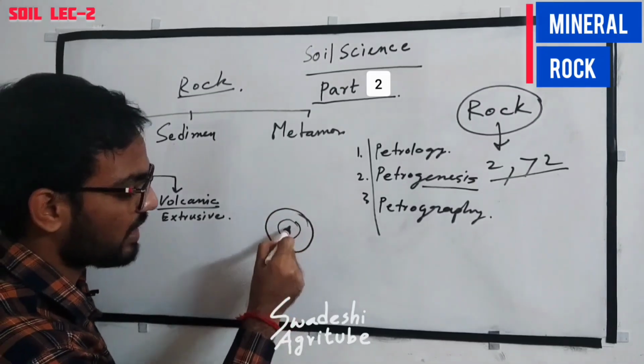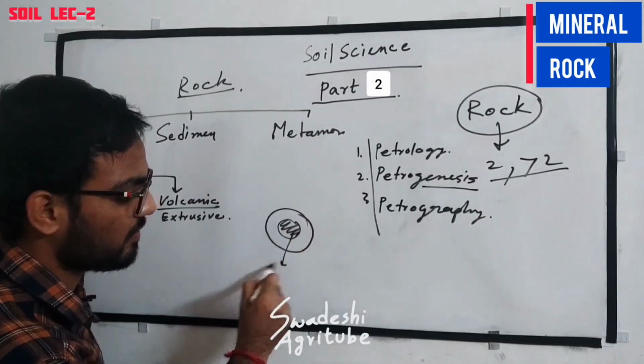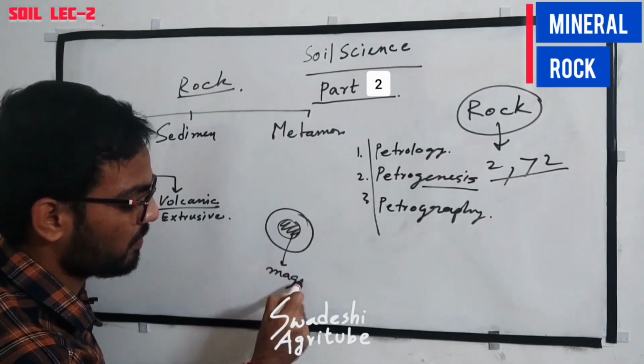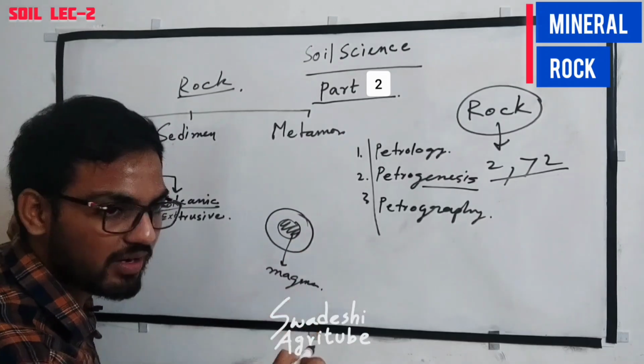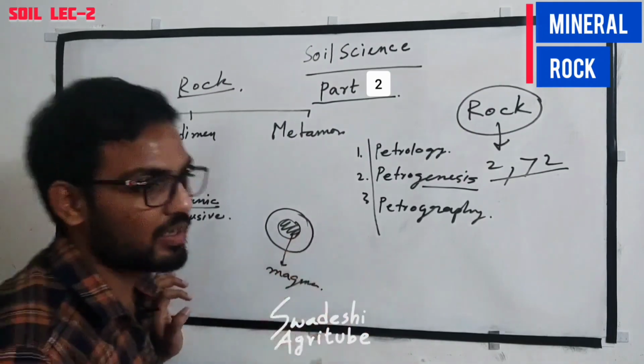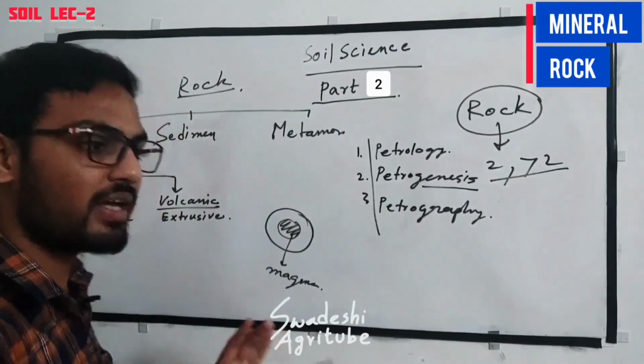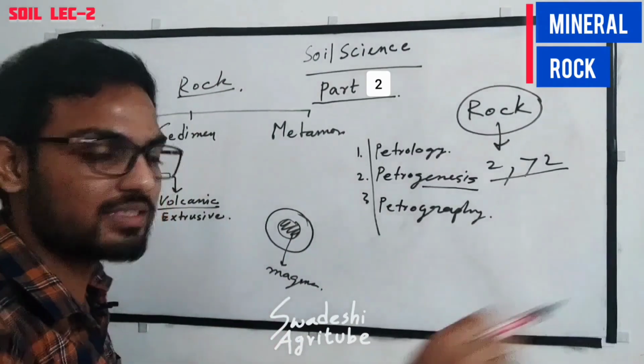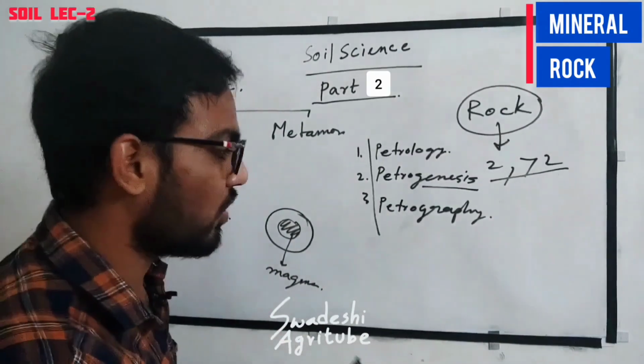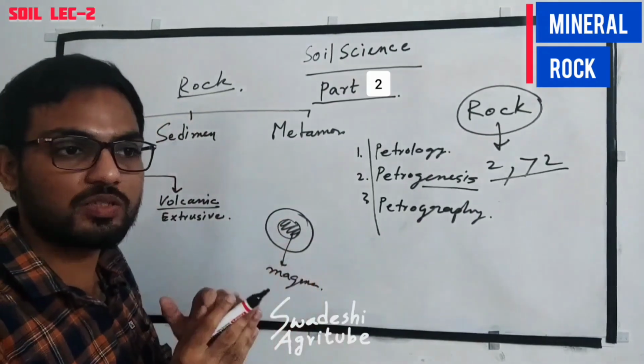If we think this is the earth, in the center we all know there is magma, right? This magma is hot and liquid. If somehow this magma gets cold, after getting cold it will be solidified.